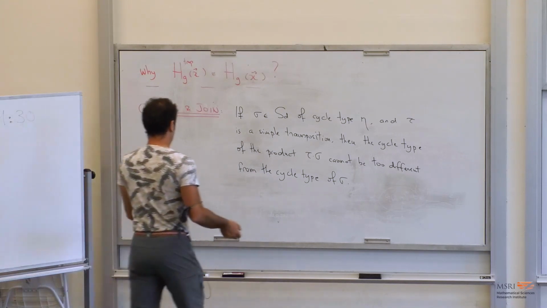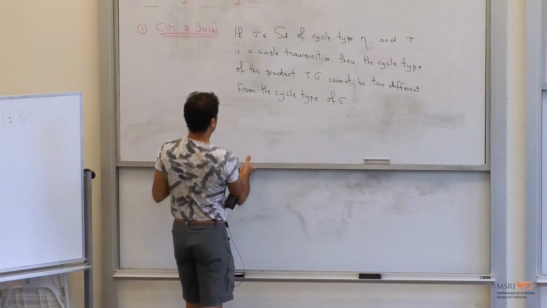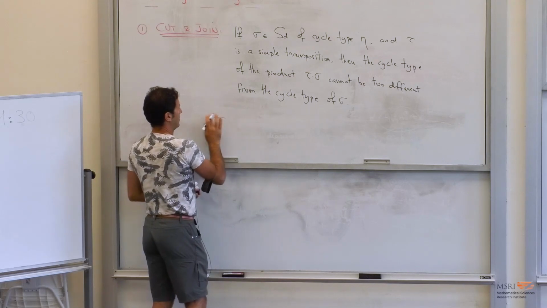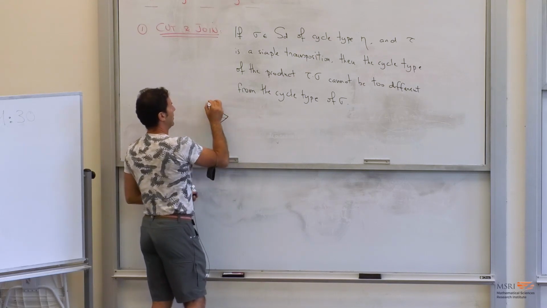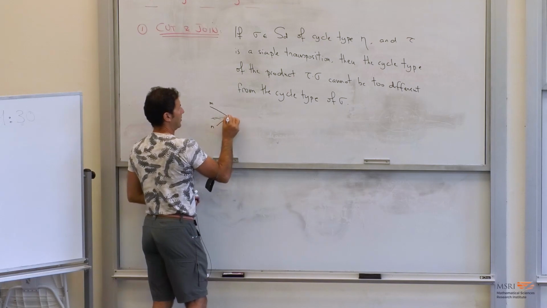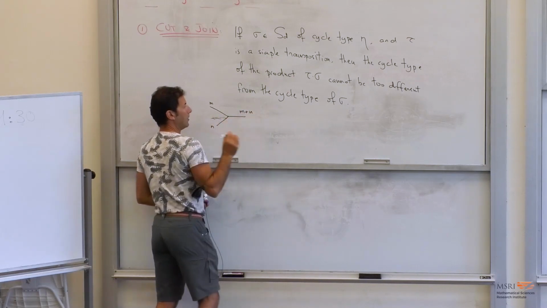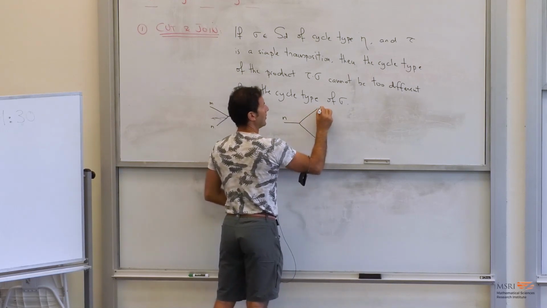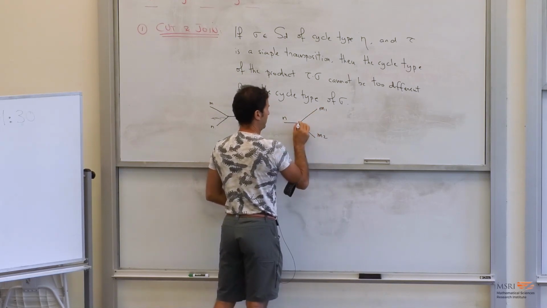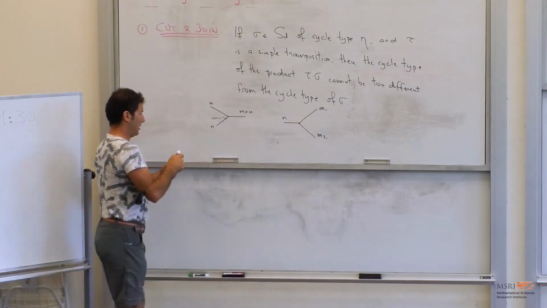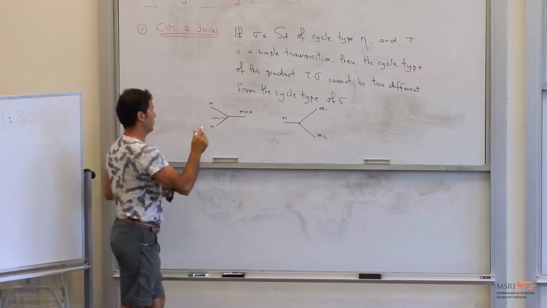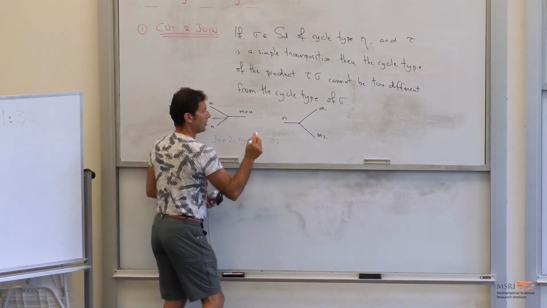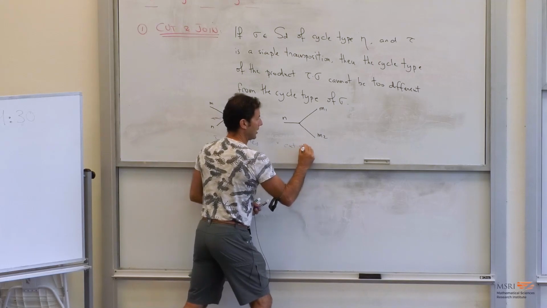This is represented graphically this way. So the join is this, and the cut is represented by this. You can join two cycles, or you can cut one cycle.